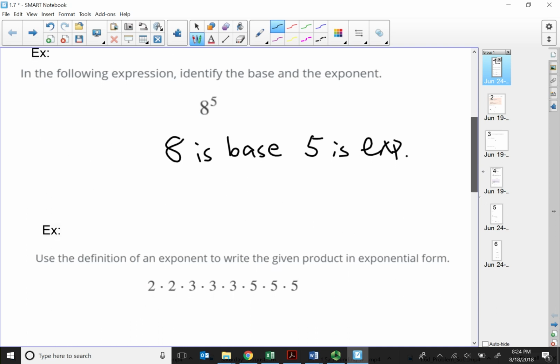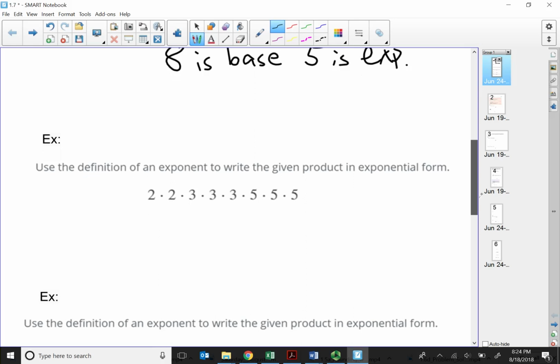Use the definition of an exponent to write the given product in exponential form. By now you probably noticed on the homework there is a keypad. For every answer you enter in the box, in the top right hand corner, there is a keypad. You can click on the keypad, and the first one on the top left refers to exponents.